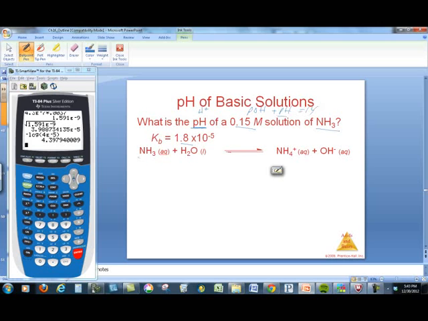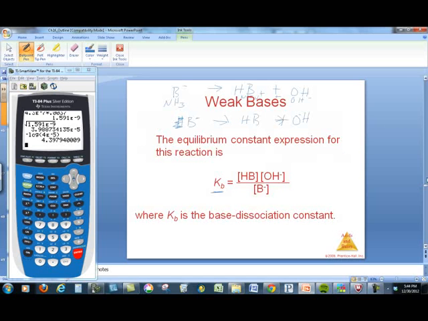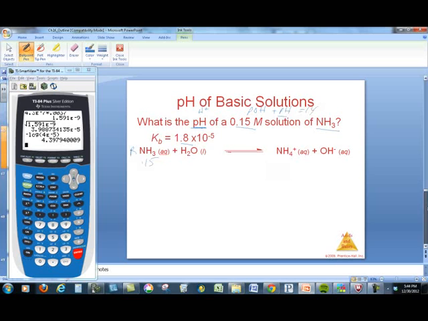So let's use this as our RICE table. I'm starting with 0.15 molar of this. If I go back to this equation, I want to start off with B, so the base equals HB plus the OH-, right?